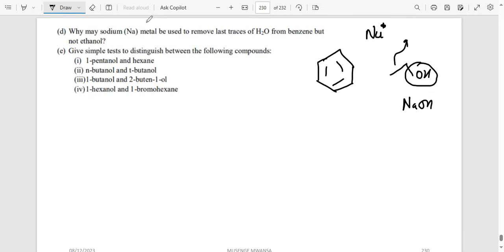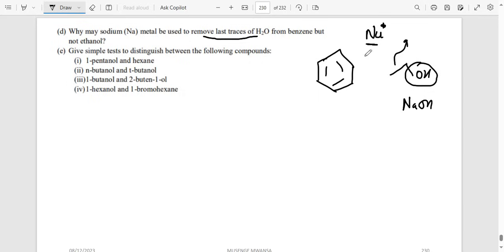It will end up dissolving the sodium. So it will not be able to remove water. Instead, it will dissolve the sodium. But benzene doesn't form hydrogen bonds, so it is able to be used. Due to the hydroxide group of ethanol, unlike in benzene, water can form hydrogen bonds and end up dissolving the sodium instead of forming sodium hydroxide, as in the case of benzene.